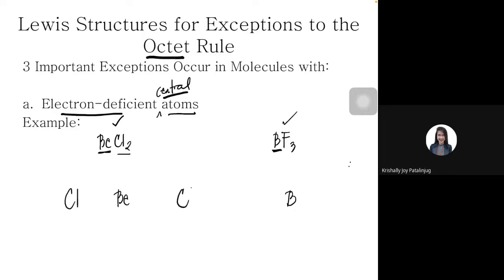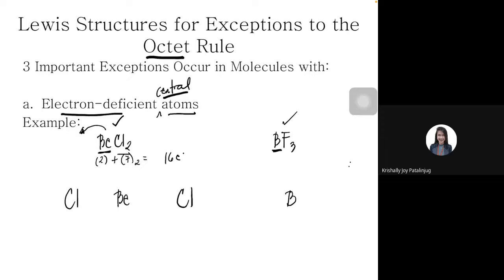What's the next step? If you place already the central and the surrounding atoms, we total the valence electrons. Recall that beryllium is part of group 2A, so it would have two valence electrons. Then chlorine, being a halogen, has 7 valence electrons. So total of 2 plus 7 plus 7, 16 electrons.